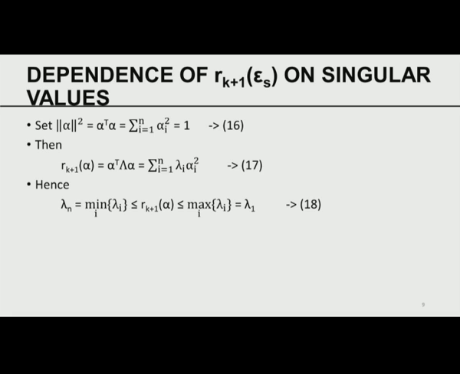So alpha is a vector. Alpha is any vector that is going to represent my epsilon S. So I am going to now consider a normalized vector. The norm of alpha defined by this, I am going to set to be 1. What does this mean?